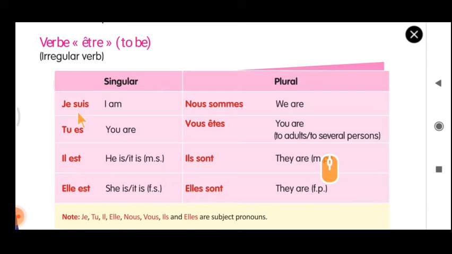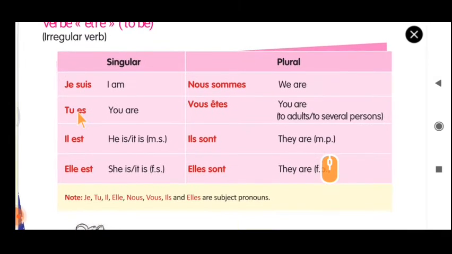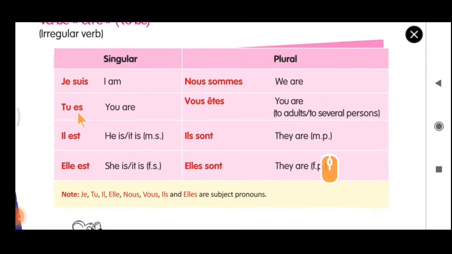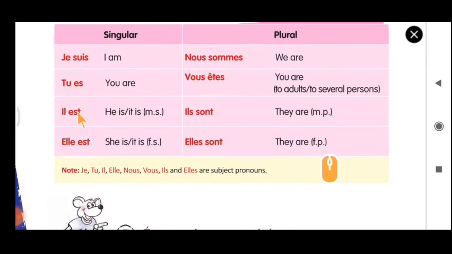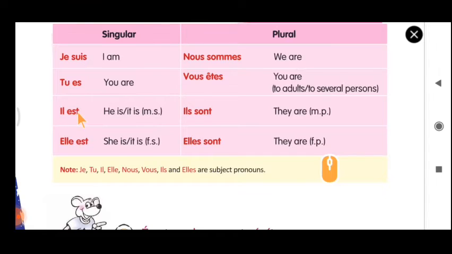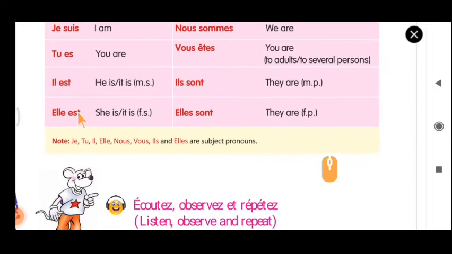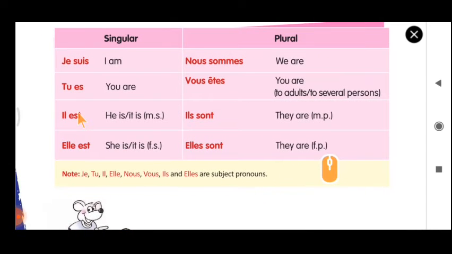When you pronounce this particular word, you have to ignore this last s, then only you can pronounce this as je suis. And tu es, you have to ignore the s, and so you will give the tu es pronunciation. And here you have to ignore the t. Il est, elle est. So ignore the t. Just strike the t out and try to pronounce. And here ignore the s. You have to stop with e. Nous sommes.